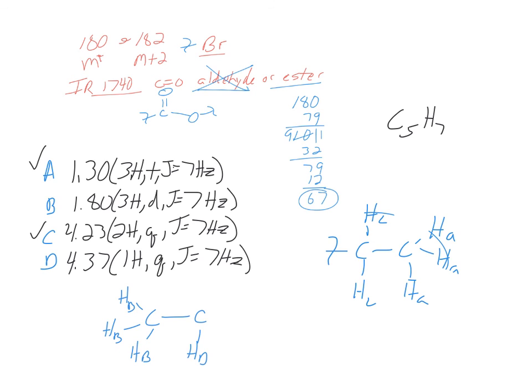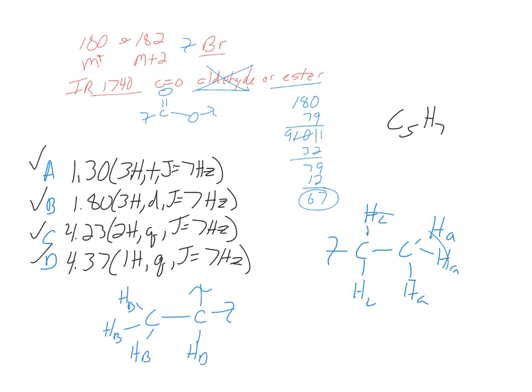So that means it's coupled to D. Would that be 1H, right? And D is split into a quartet, so it needs to have how many nearest neighbors? 3, right? Do I know what else is on here? No, I know it can't be hydrogens. So that checks off those guys. So now you have all your pieces. Now it's just a matter of putting them together so the frequencies make sense.